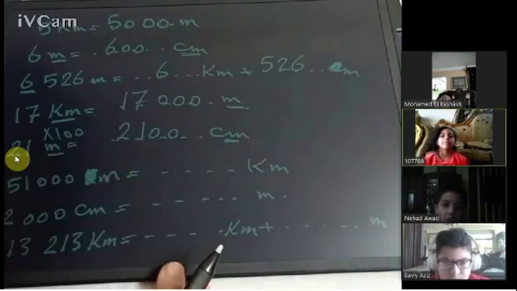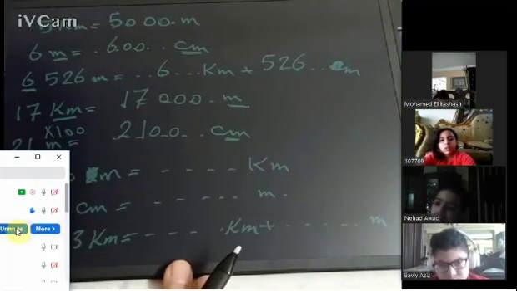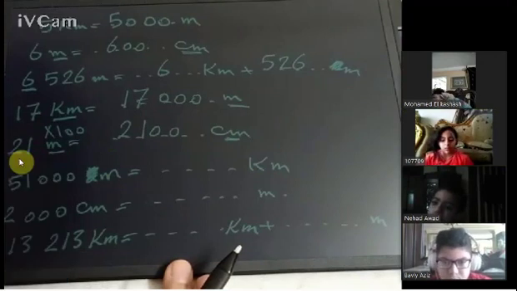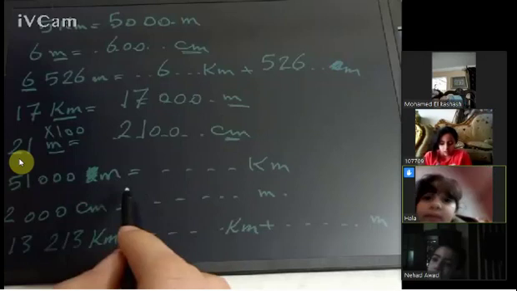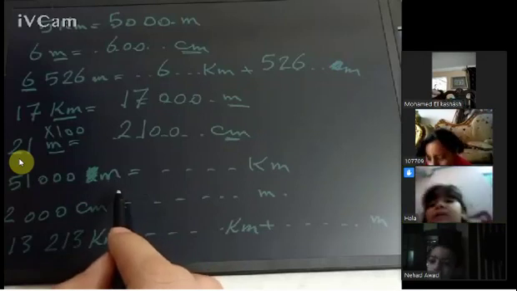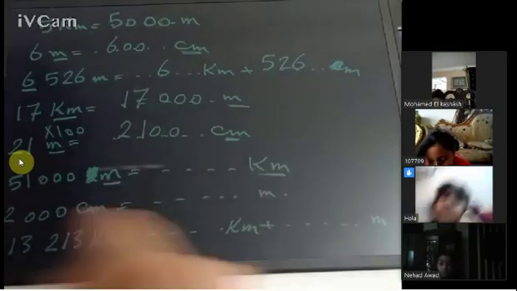Okay, the next question, who's gonna answer it? Is it Ghina? Yes. Okay, Ghina? Now I have the mic. Okay, I opened it. Yes, Ghina, it will be what? It's from meter to kilometer. So it equals what, Ghina?